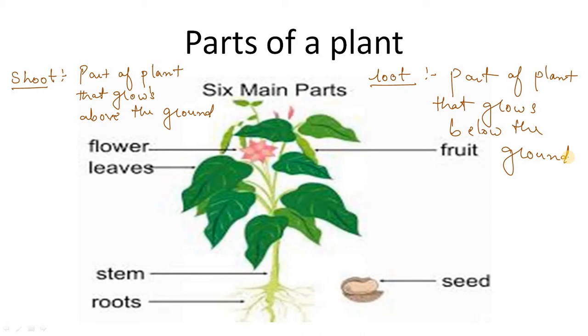Yes, flowers and leaves are also there, but the two main parts of plants are root and shoot. Root is a part of the plant that goes below the ground, and shoot is a part of the plant that grows above the ground.